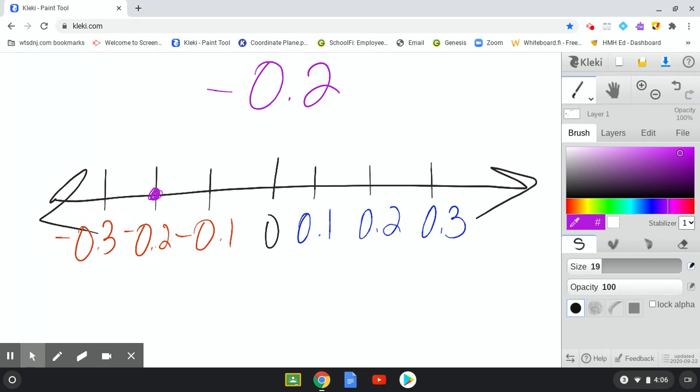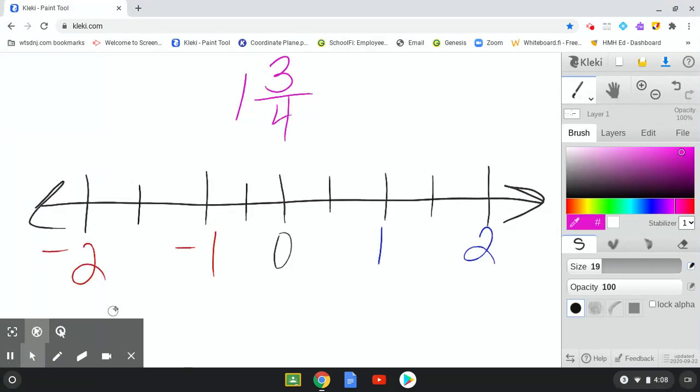Okay, so now sometimes we do have number lines that are going by different intervals, and you kind of have to figure out what the tick marks in between the numbers are. So let's practice that. Okay, so here I have a number line. I have 0 in the middle. I have +1, +2, -1, and -2.